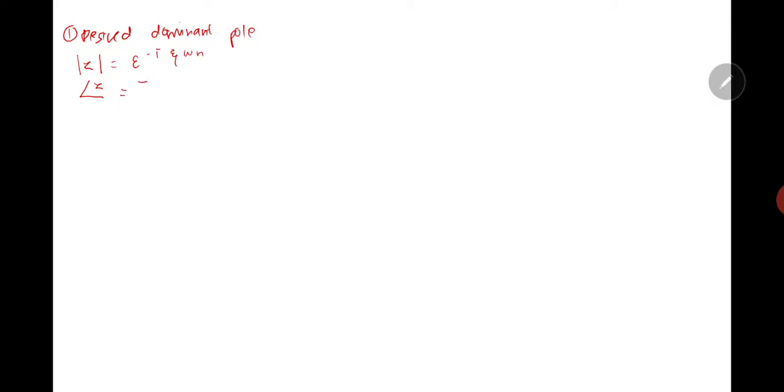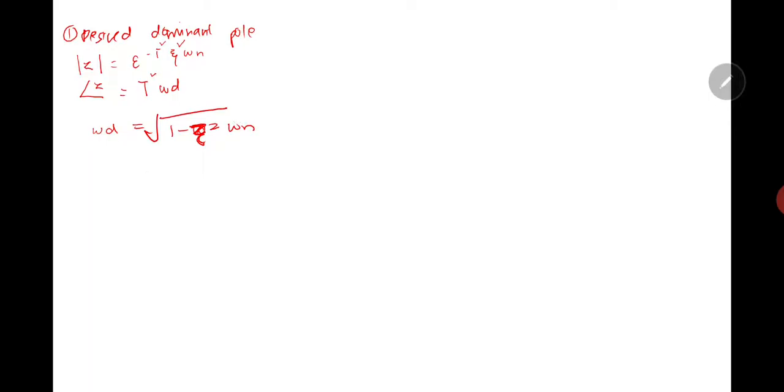The angle of the pole is T multiplied by omega d. In the question we are already provided with T and zeta, but for omega n and omega d we still don't have this information, so we have to calculate. We also have the equation omega d equals omega n multiplied by square root of 1 minus zeta squared.